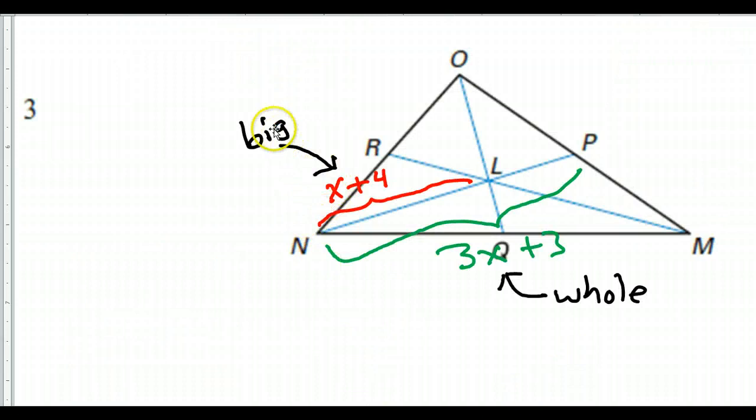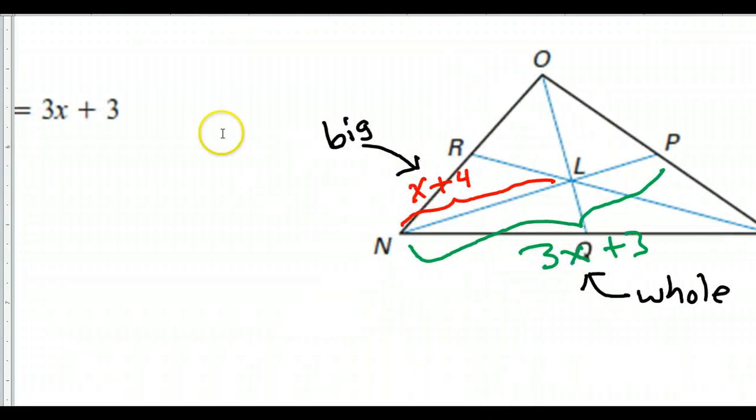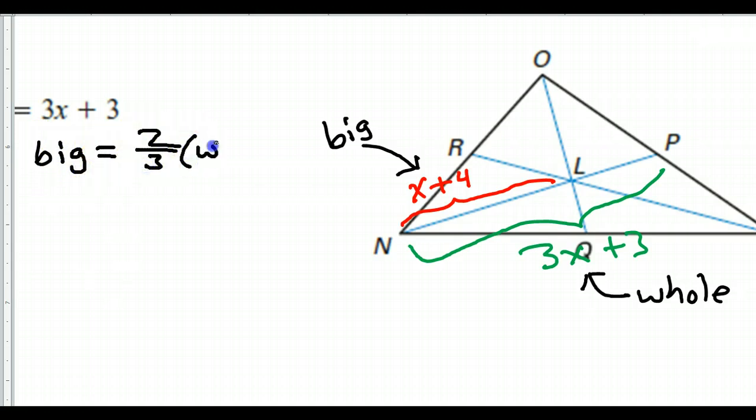So that's how we're going to write our equation. I'm going to start by just writing down the formula in words. The big piece is going to equal 2/3 of the whole thing.